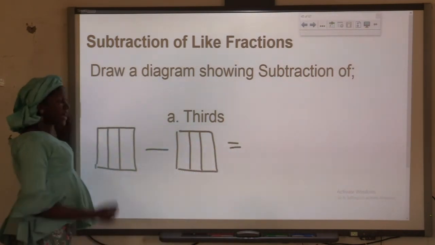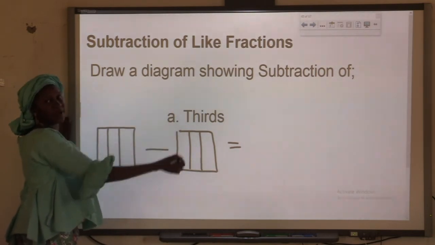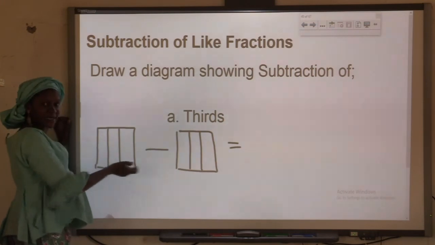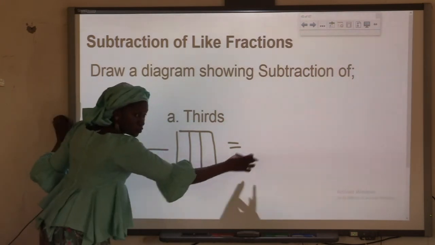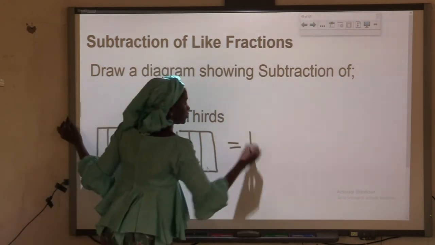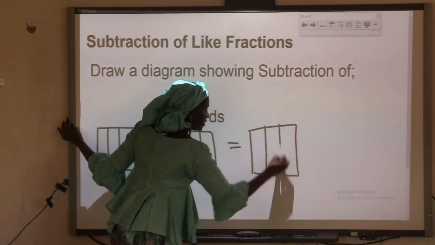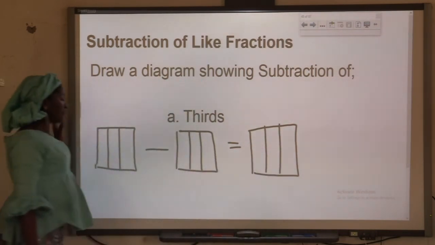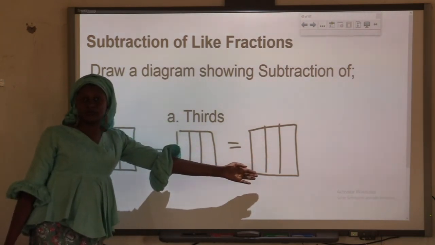So therefore, our answer should be a whole divided into 3 equal parts because the same denominator should be carried. Like fractions. You cannot have a third here, a third, and you come here and have 6th or 5th.